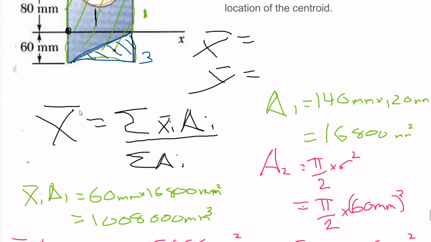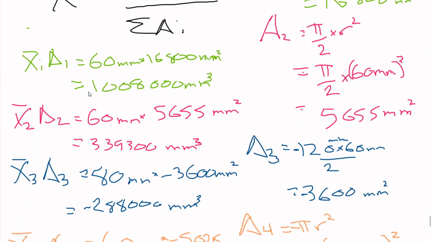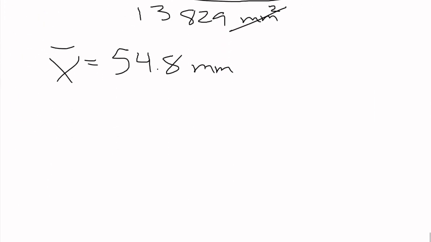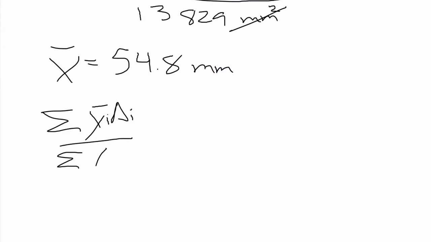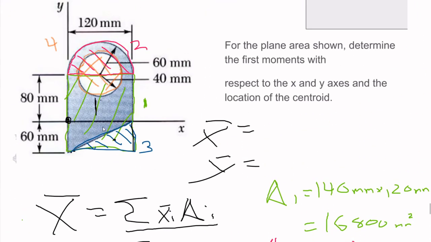We just need to find the sum of our y bar i A i, and that divided by the sum of our area is going to give us the overall y bar, the location of the centroid along the y-axis.